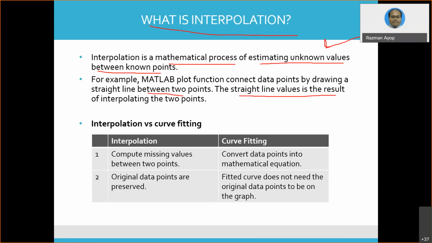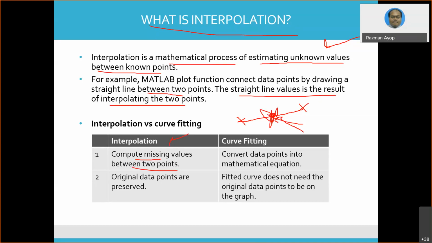So you have known points here and here. If you want to find the value here, which is unknown, you just do a linear line, and you can get this value. So interpolation basically computes missing values between 2 points.